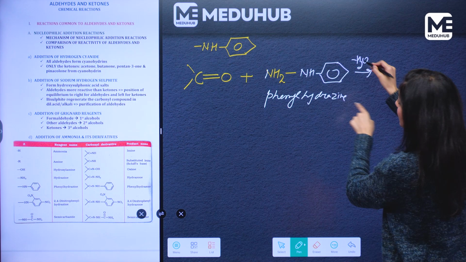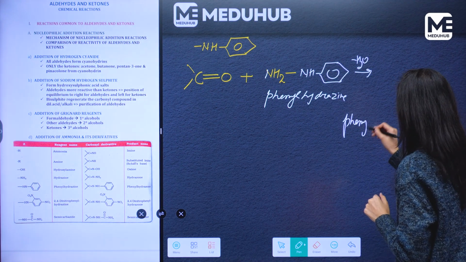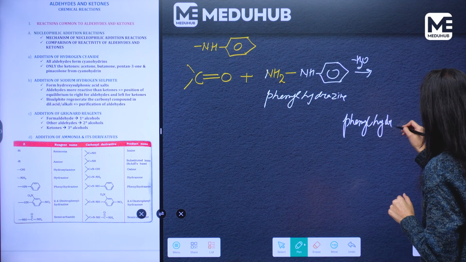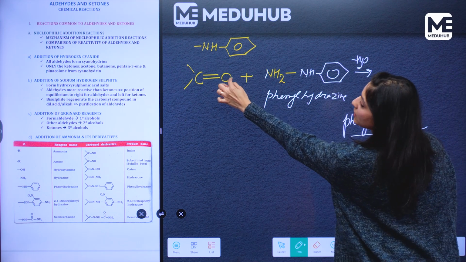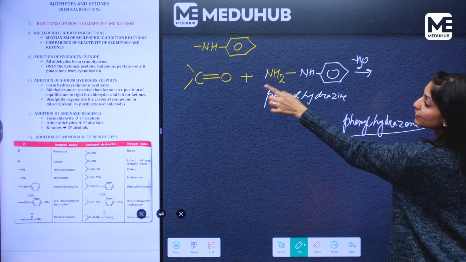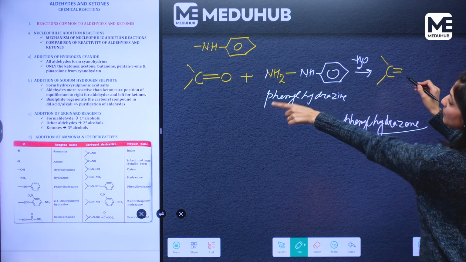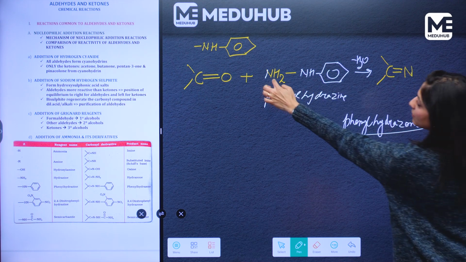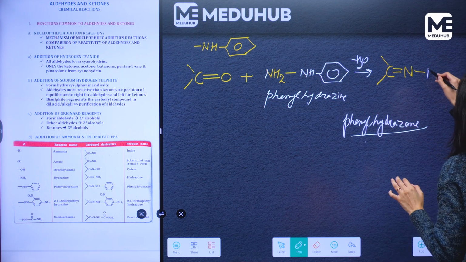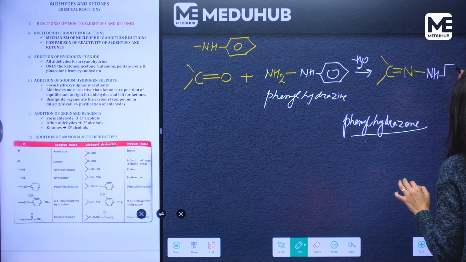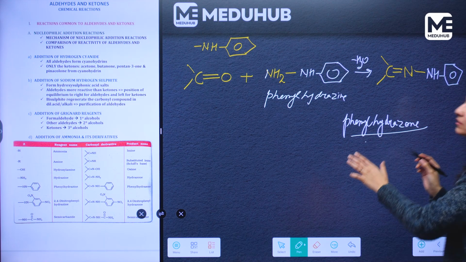Upon losing water, it forms phenylhydrazone. So this oxygen again and these two hydrogens will go. This carbon will be doubly bonded to the nitrogen, and this group will come as it is. This is a phenylhydrazone.